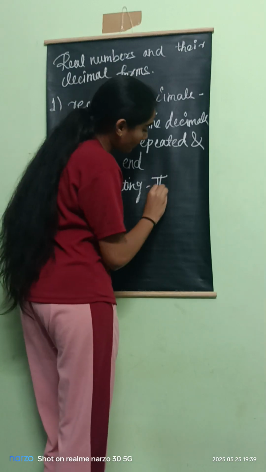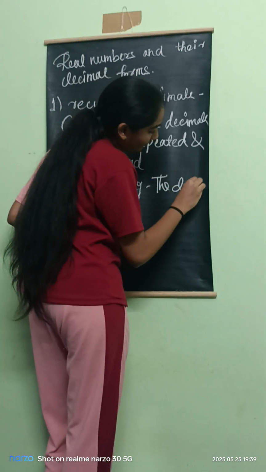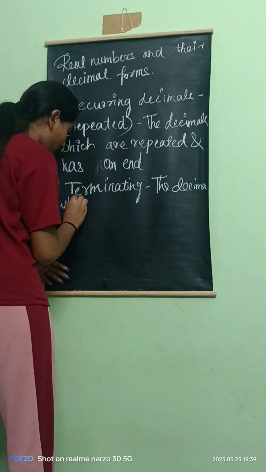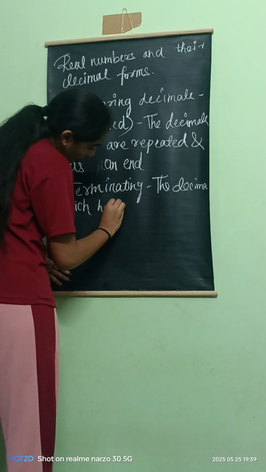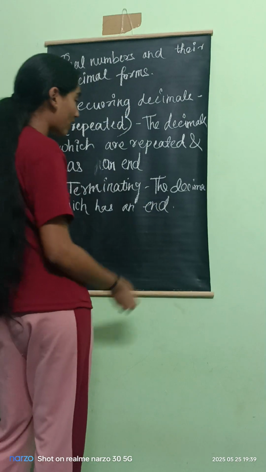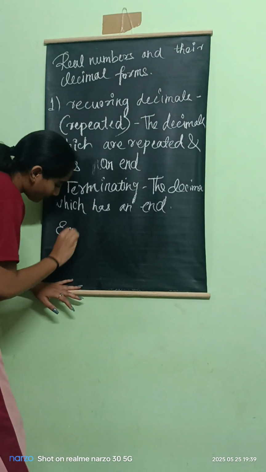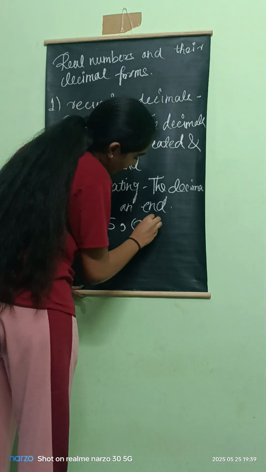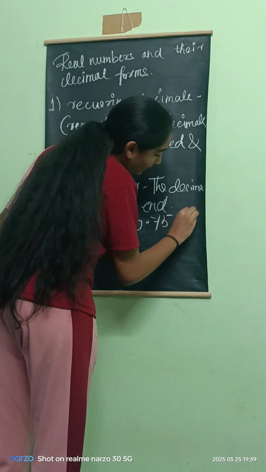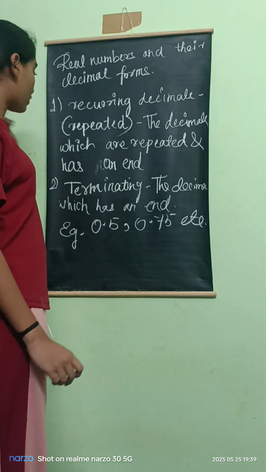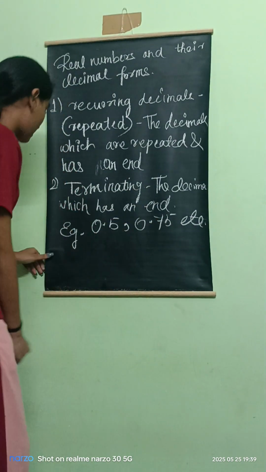Terminating are the decimals which has an end. So for example, 0.5, 0.75 and etc. Yeah, these are the 2 terms we have to discuss now.